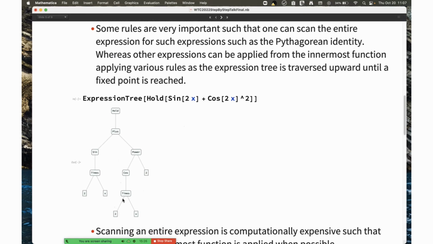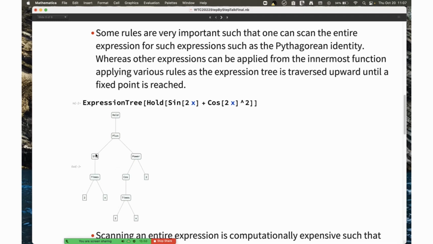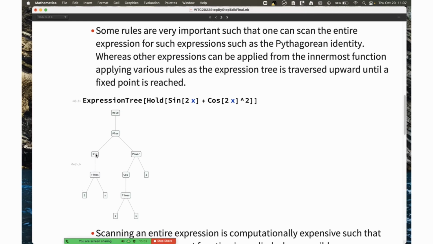Then as you're looking up this tree, you'll encounter a cosine, which will have cosine of 2x, and you'll want to apply a rule there. Next we could apply a sine rule, and after that we could compute out a power of that cosine. So that's a little bit of the idea behind this rule-based simplification of trigonometry.